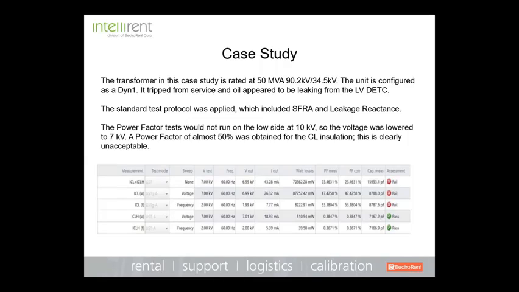We put it through a standard test protocol, which included the SFRA and leakage reactance, but you'll also notice here on the power factor test, it wouldn't even run on the low side at 10 kV. So basically they lowered the voltage down to 7 kV, and the power factor was almost 50%, which is just outrageously bad. So this was clearly unacceptable.